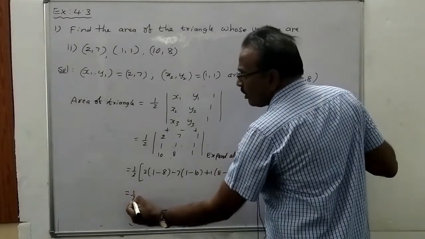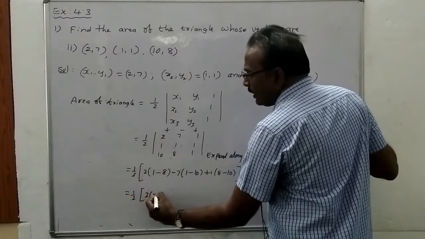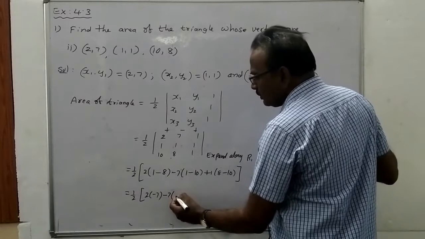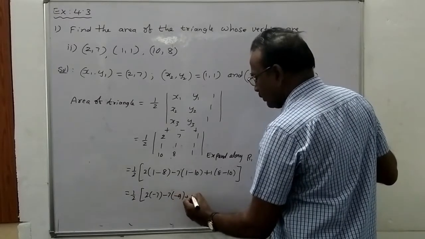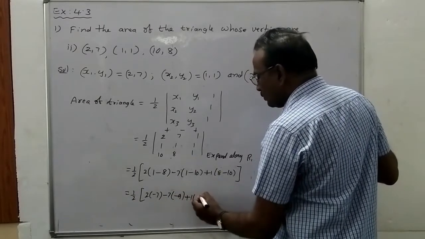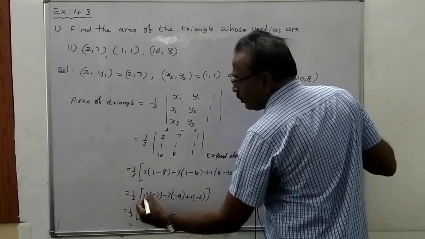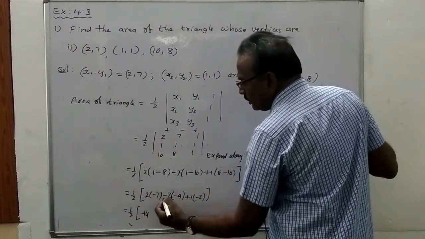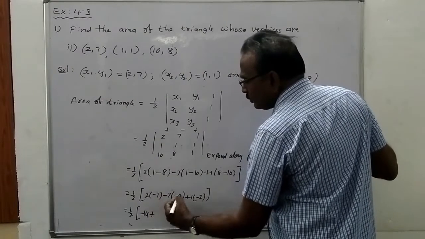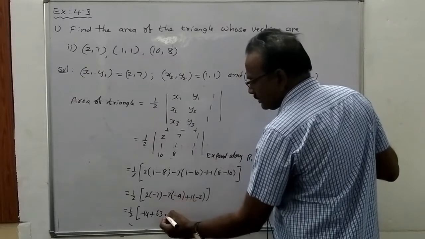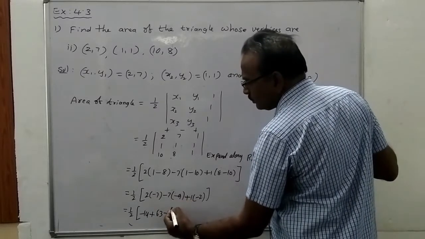That is half into 2 into minus 7, into 1 minus 10 is equal to minus 9, plus 1 into 8 minus 10 is equal to minus 2. That is half into 2 into minus 7 minus 14. Minus 7 into minus 9, 7 nines are 63, plus 1 into minus 2 is minus 2.